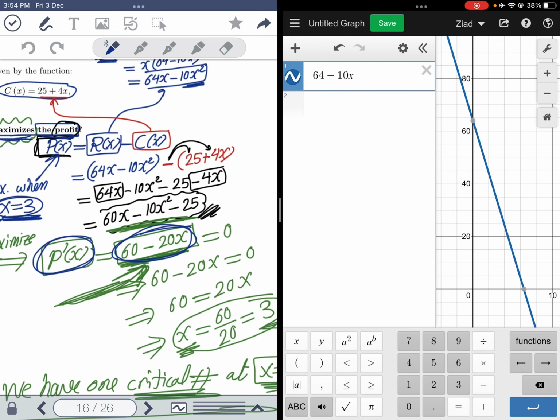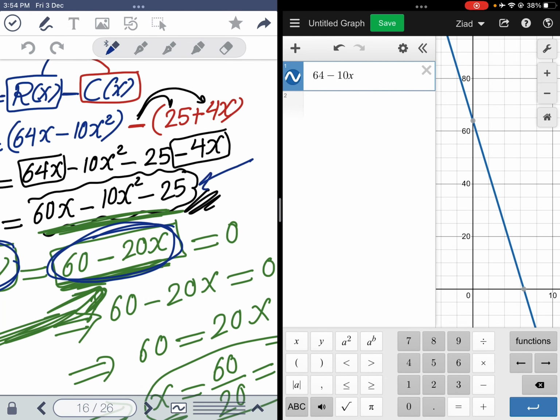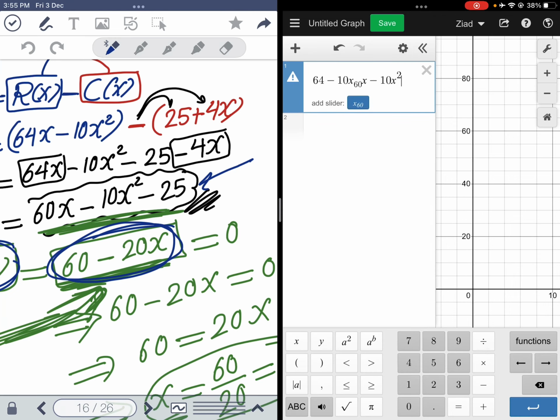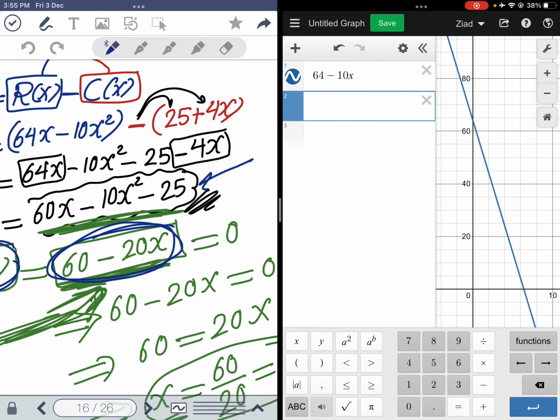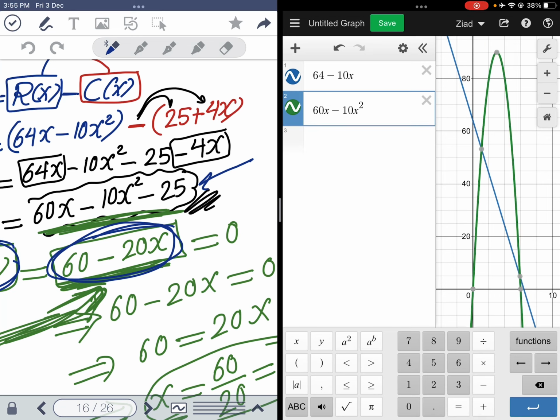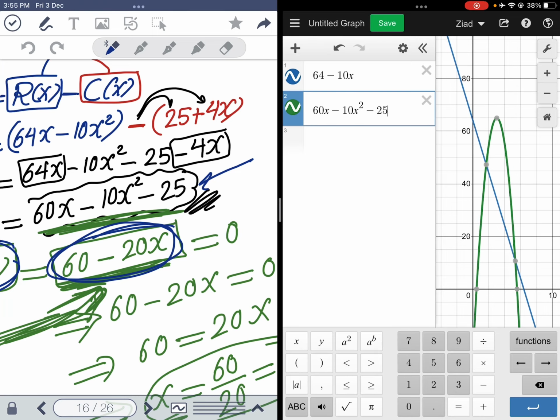We need the profit function, which is here. Let's do it. 60x minus 10x squared. Oh, I'm writing it in the wrong place. Sorry for this. So here, I need to write a new one. Yeah. So 60x minus 10x squared minus 25. I'm copying from here.